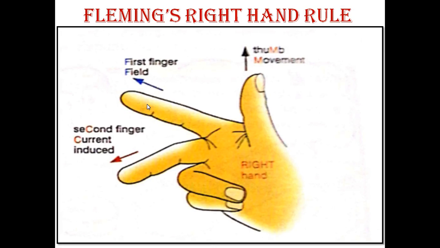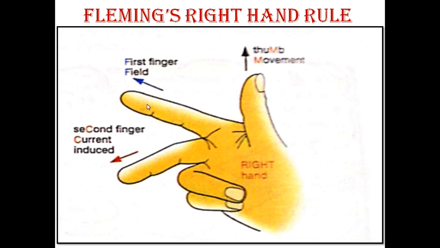For Fleming's right hand rule, hold your right hand in a fist and then spread out the thumb, first finger and second finger, so that they are at right angles to each other. Point your first finger in the direction of the magnetic field from north to south. Rotate your hand about that finger until your thumb points in the direction of the movement of the wire.